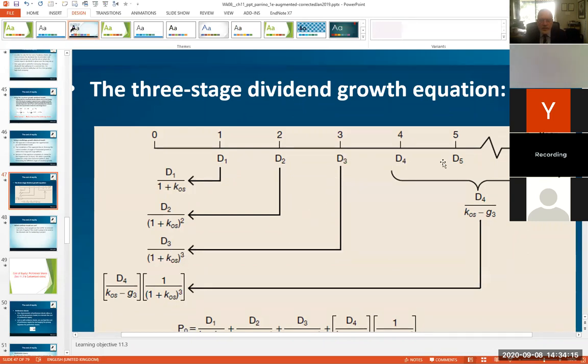But when we get up to this fourth and consequent, we're actually discounting it by the third year. And that's because using this equation brings the price back to there, one time period before the first regular dividend. I find that kind of awkward to get your head around.